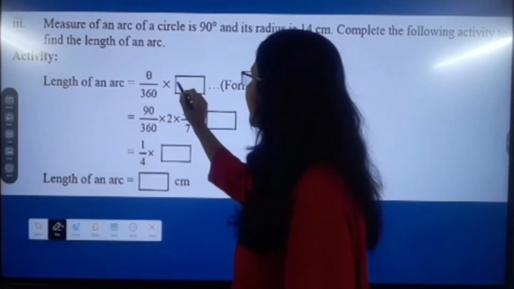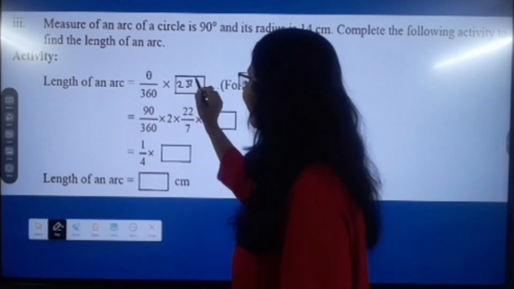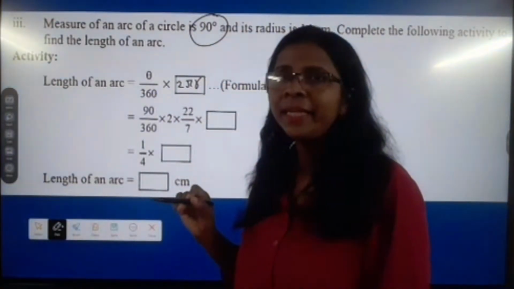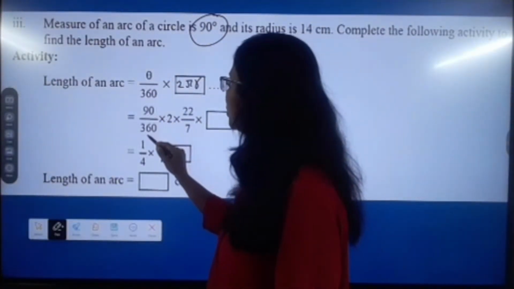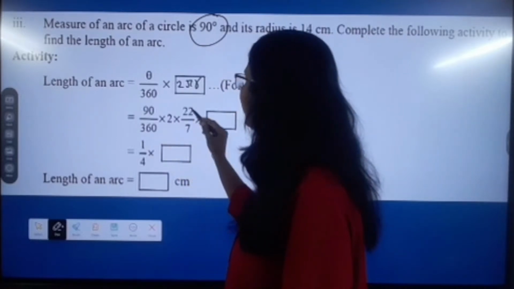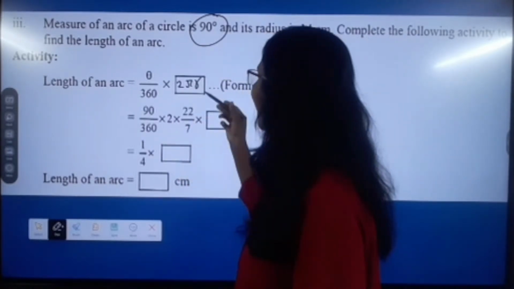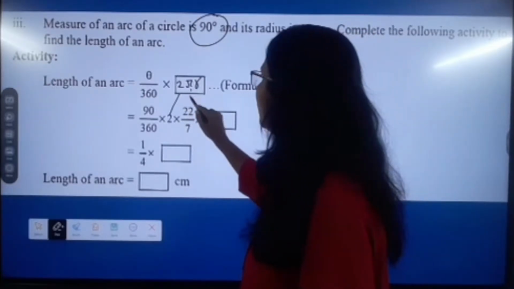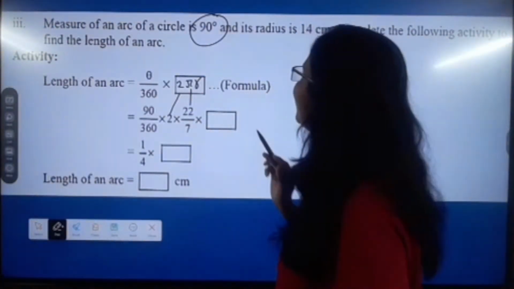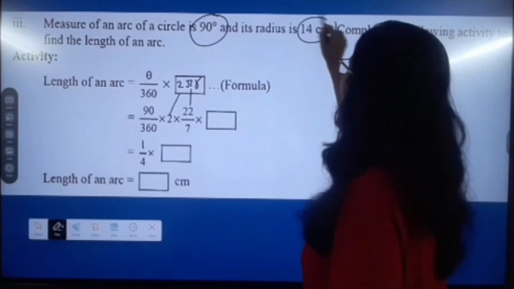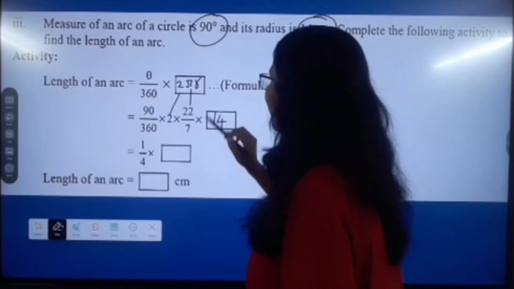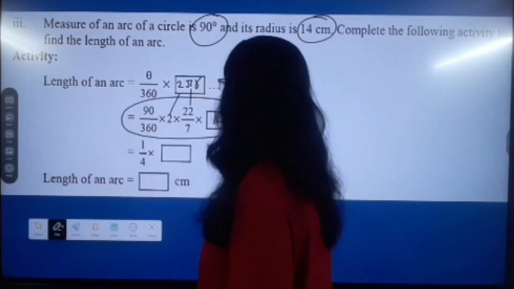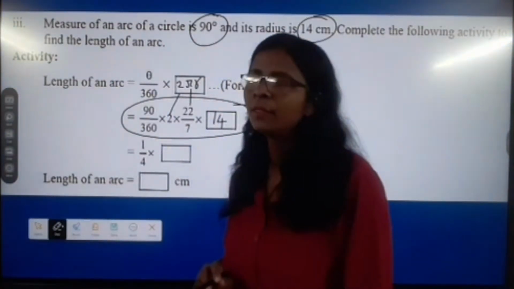Theta is given, that is 90 degrees. So 90 upon 360 multiplied by 2 multiplied by 22 upon 7 multiplied by r. Here 2 is written, pi is also written, but r is not written, so here we write down 14. Okay, by solving this step, we can get the answer.